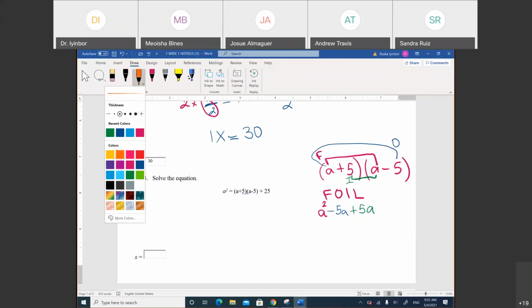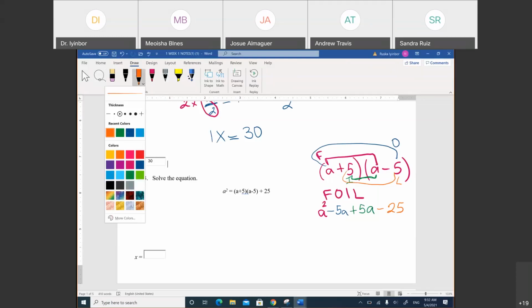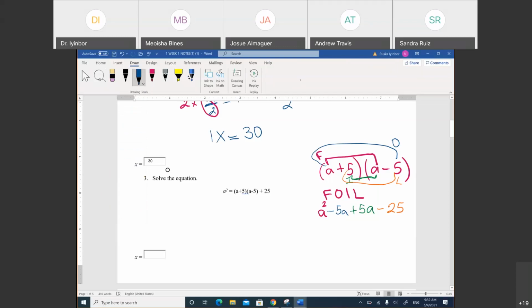So we're doing 5 and negative 5. So 5 times negative 5 is negative 25. Okay? So when I multiply, I'm going to get a squared minus 5a plus 5a minus 25. And you can combine those, right? 5a and minus 5a cancel out. So when I FOIL this, I'm going to get a squared minus 25, right?